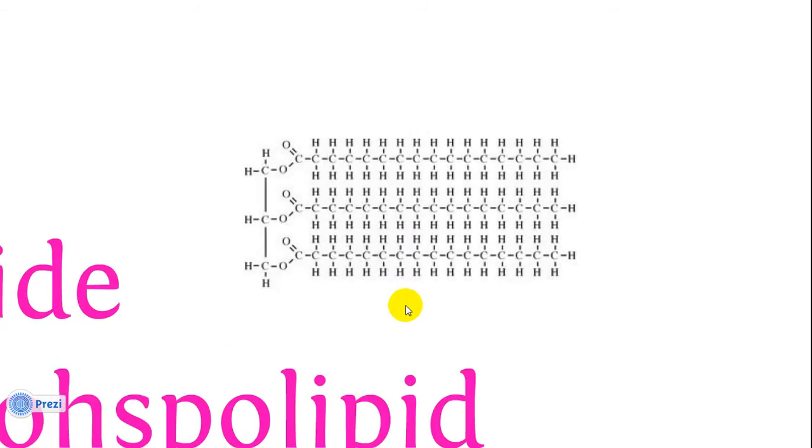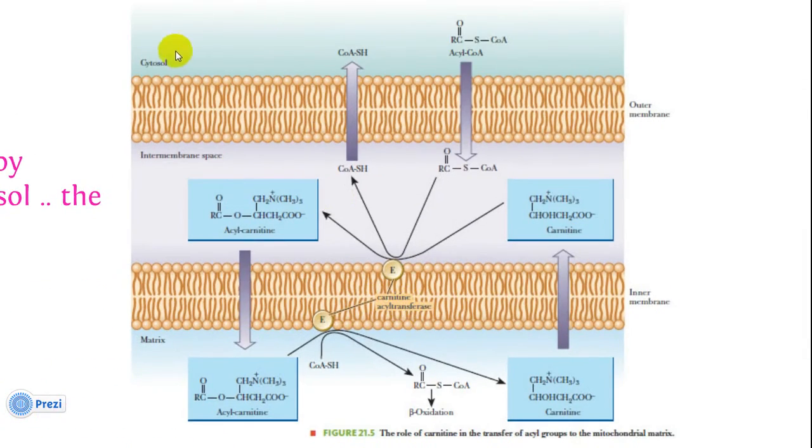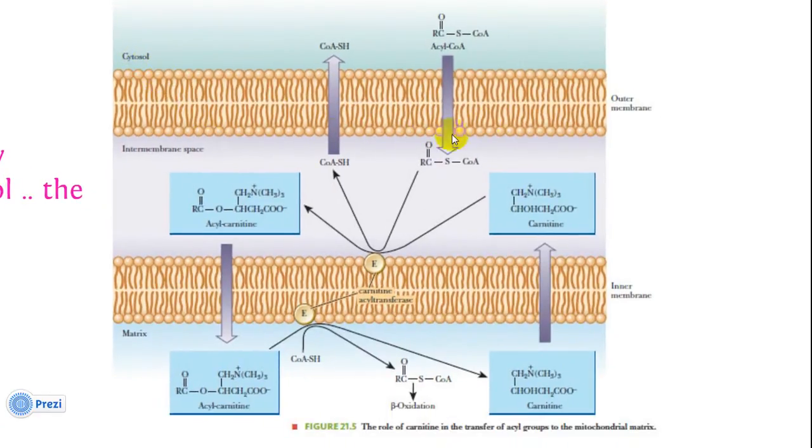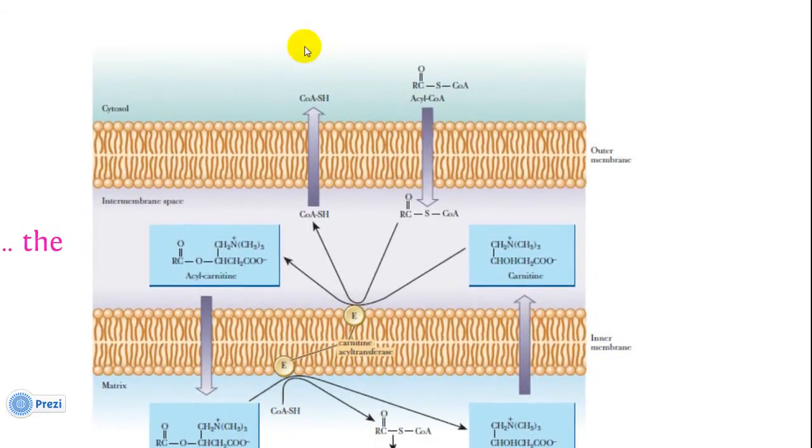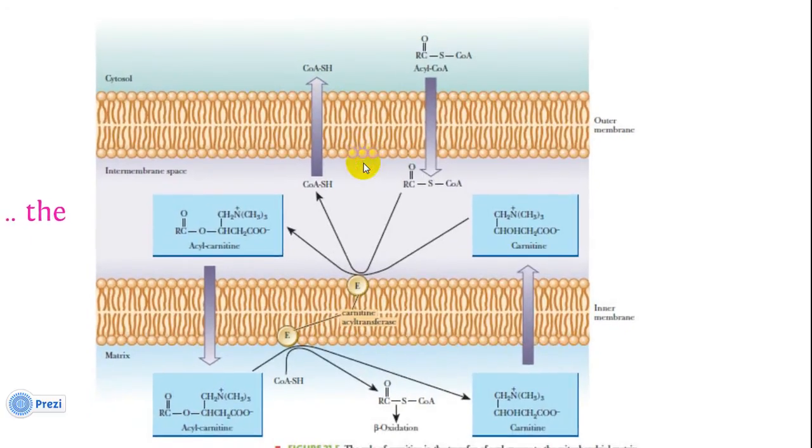Okay, now let's see this figure. Here we have the cytosol, and here we have the mitochondria, the outer membrane of the mitochondria and the inner membrane of the mitochondria. The beta oxidation happens in the matrix. Now the fatty acid is in the cytosol. It can't enter the mitochondria by itself. So the first thing for the fatty acid to be able to enter the mitochondria is to be activated.